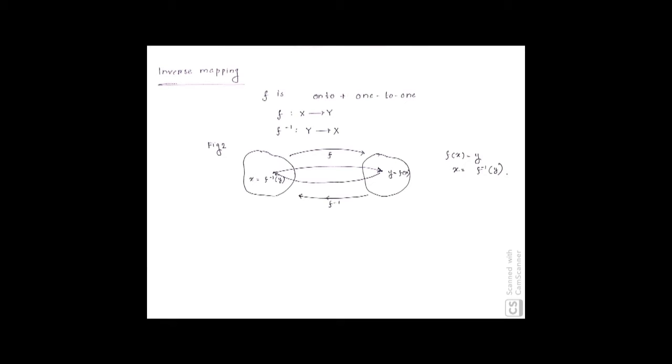So if f of x equals y, we write x equals f inverse of y. This equation x equals f inverse of y is the result of solving y equals f of x for x, in just the same way as when we take a function like y equals log x, and we then take the antilog and say that x equals e to the power y. Okay.